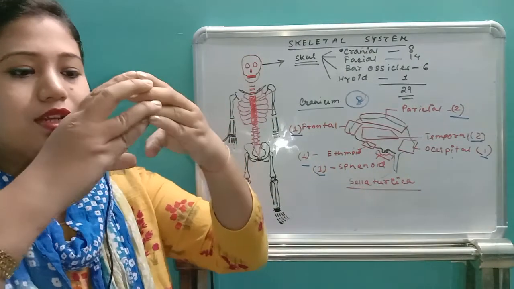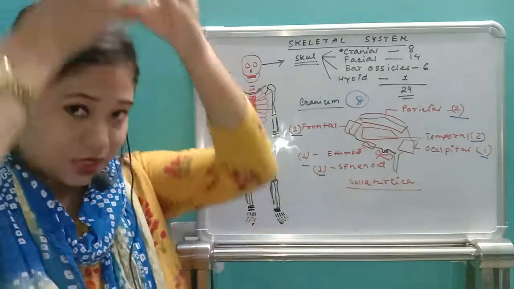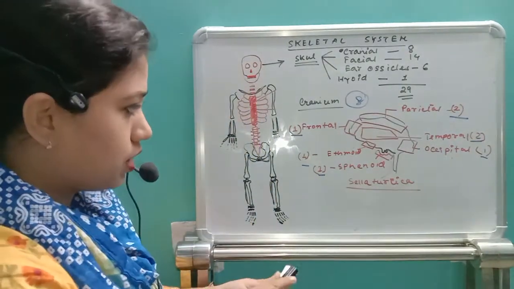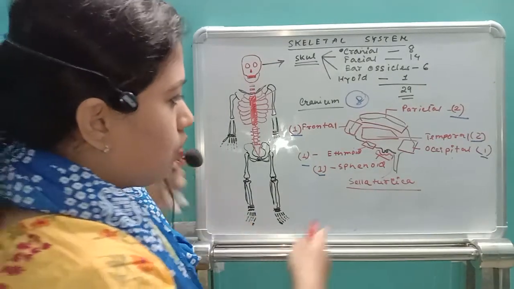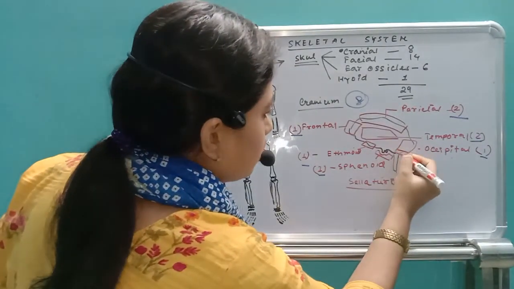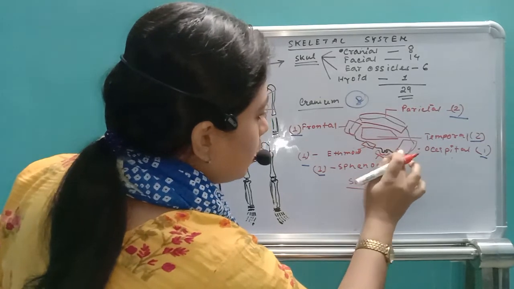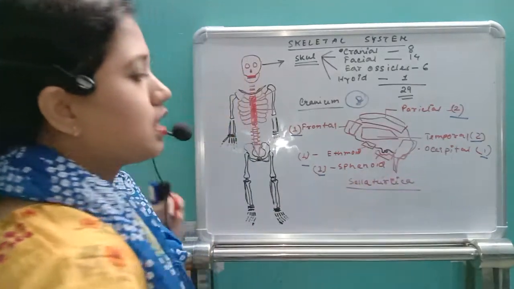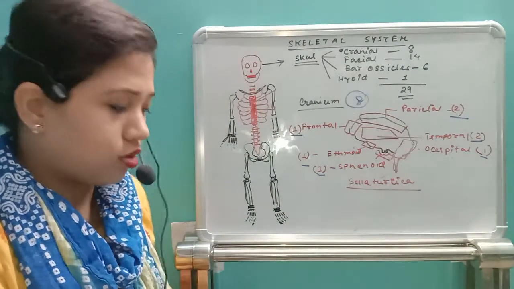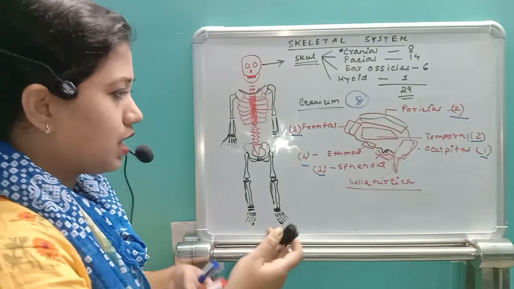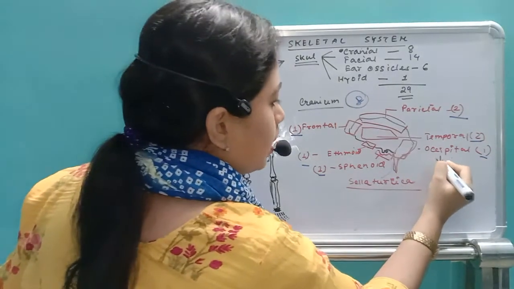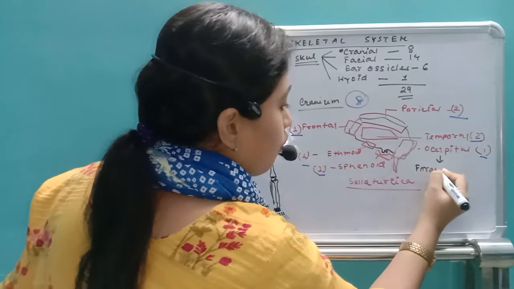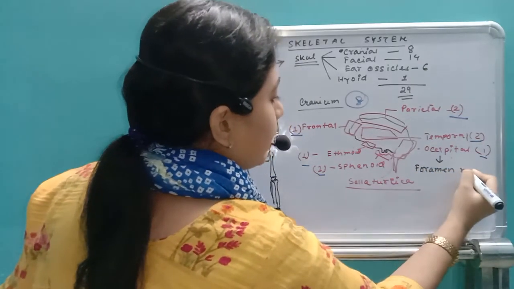It is present on the back, so it has a hole in it, so that the brain can extend to form the spinal cord. So what is the name of this hole? This is called the foramen magnum.